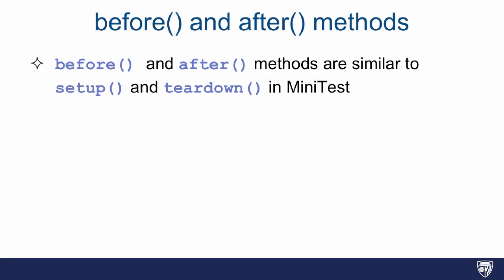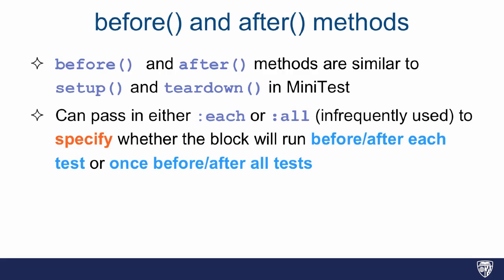There are also before and after methods, which are very similar to setup and teardown in Minitest. The difference is that whereas in Minitest every test will run the logic inside setup every time, in RSpec you could specify an :all symbol, which will basically say only do this once, and the logic in the :all block will apply to all the tests, so it's only done once.